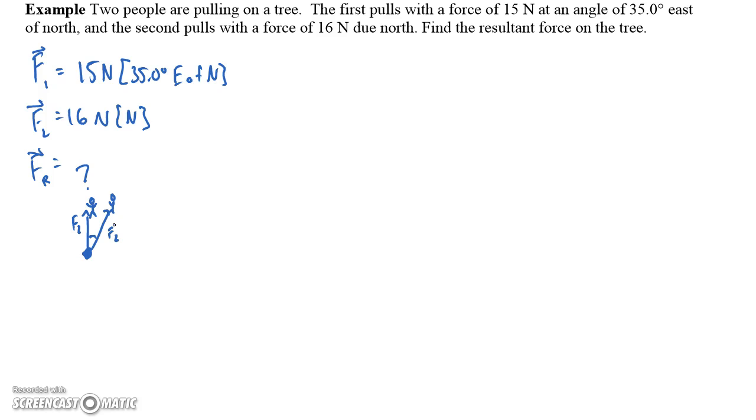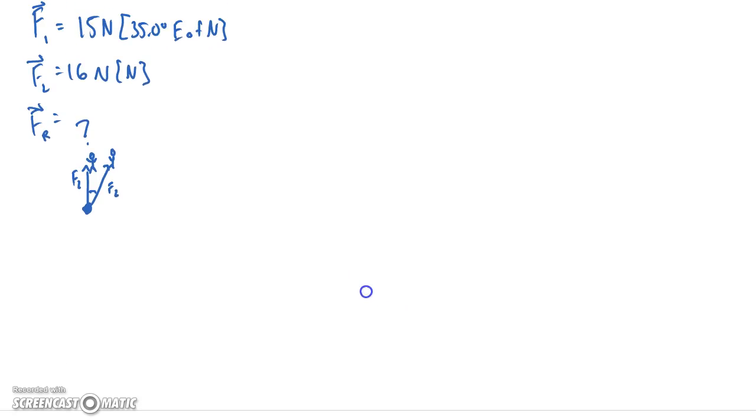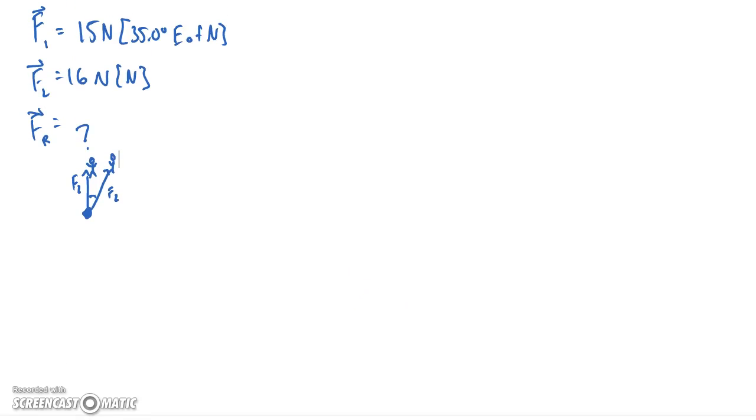So a vector addition diagram is just like it always has been, drawing one vector after the other and then drawing a resultant. So that would look like this. Our first vector is 15 newtons, 35 degrees east of north. So that's at some angle this way, and this will be F1.